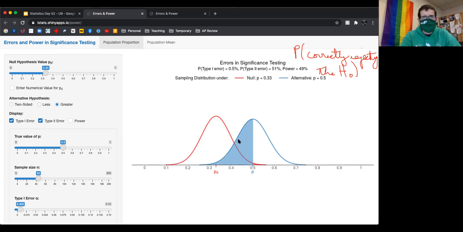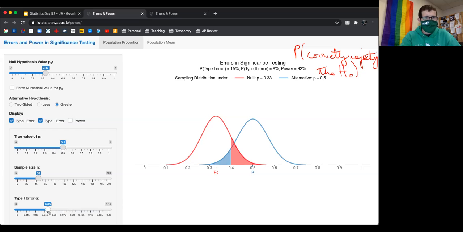Look at my type 2 error probability down to there. So it's not a direct relationship like, oh, this one went up by 5, so that one went down by 5%. It's more complicated, but we can see that the easier it is to reject the null, the harder it is to fail to reject the null.